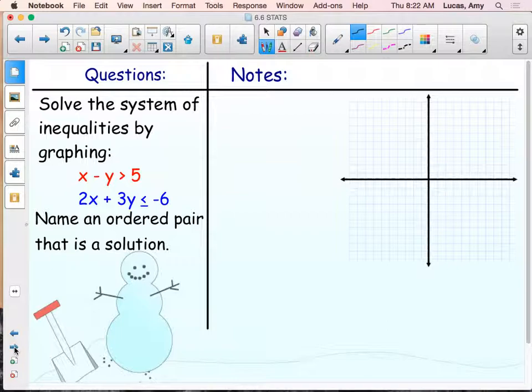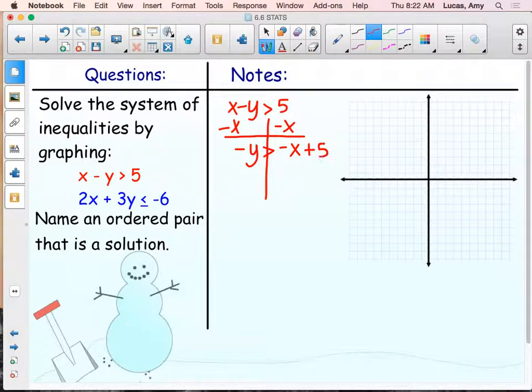Okay, the next one is going to involve a little bit of work here because my inequalities are not in slope-intercept form. So I am going to solve both of them and be very careful in the process. So I'm subtracting x on each side. So negative y is greater than negative x plus 5. Then I have to divide everything by negative 1.